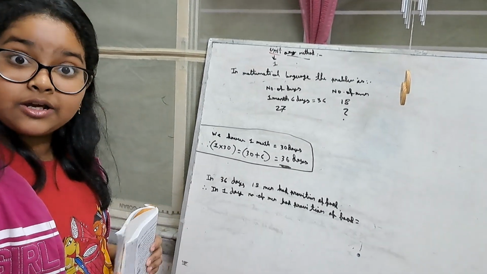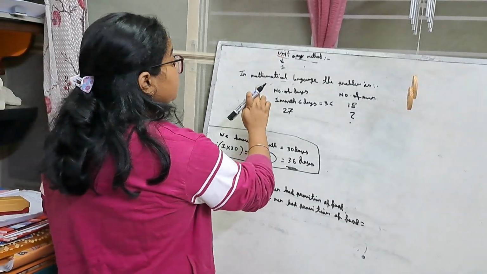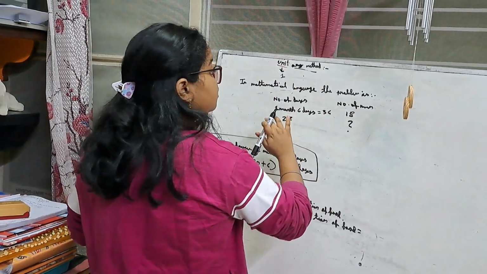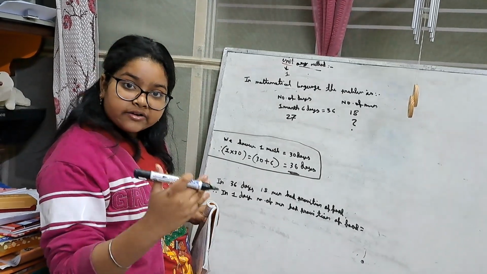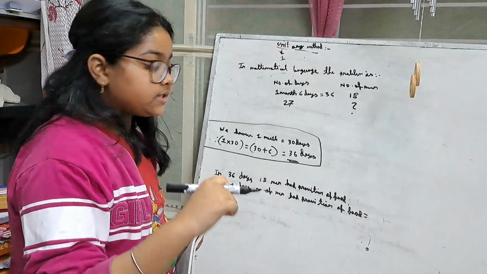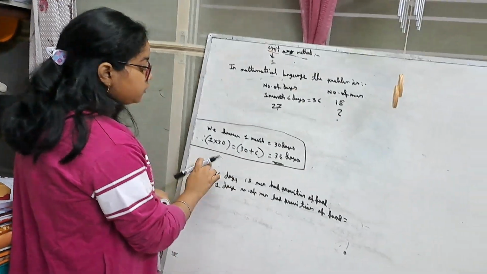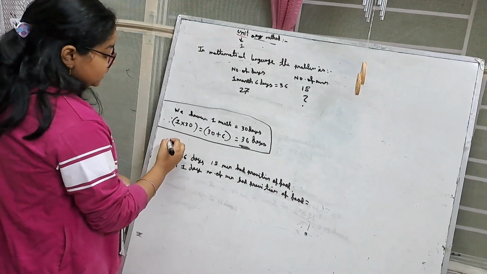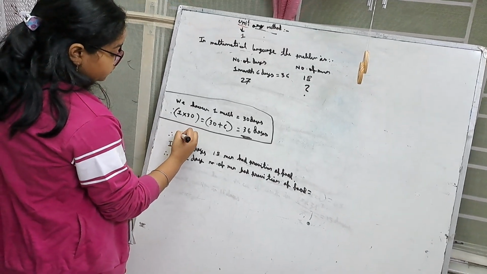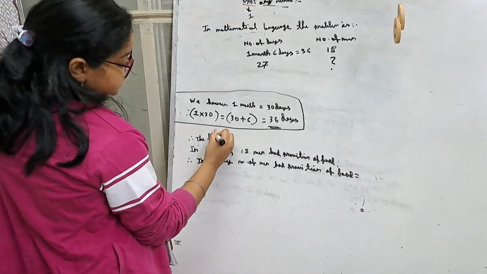Because the number of days increases, number of men decreases. Inverse relation. The food is fixed.